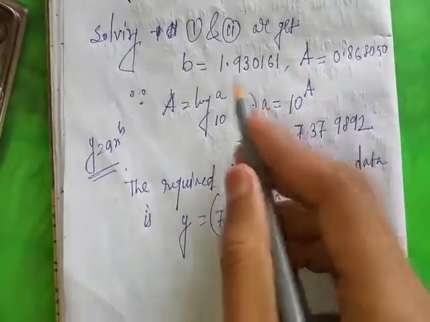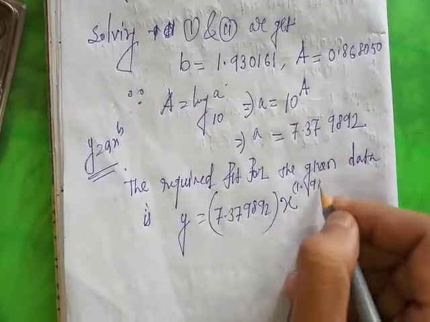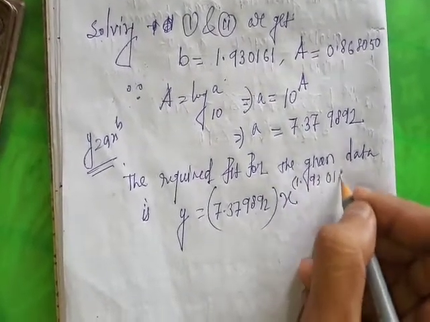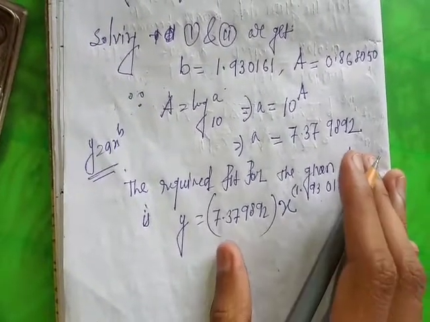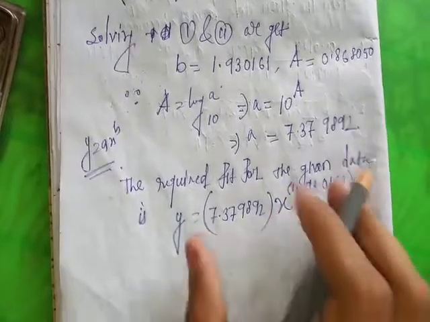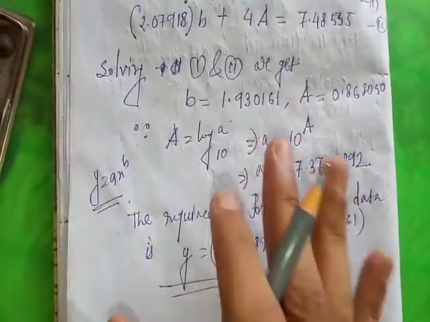The value of b is this, so x to the power 1.930161. Okay, so this is the required result. Clear? Very easy but lengthy.